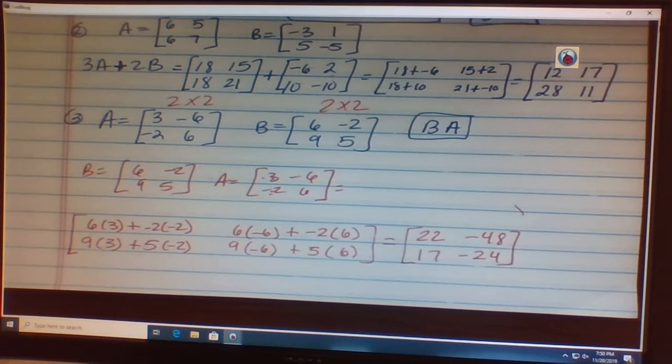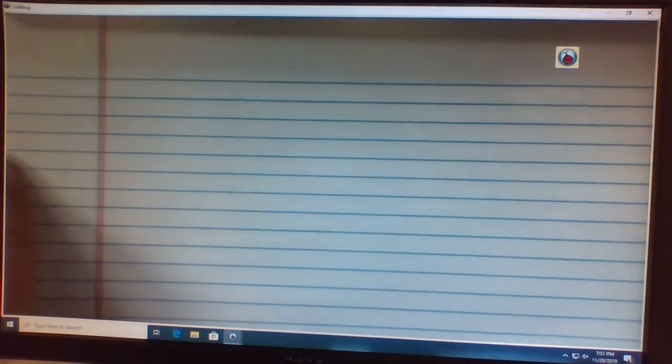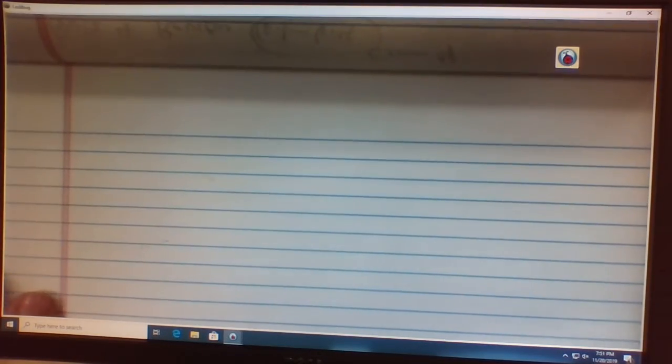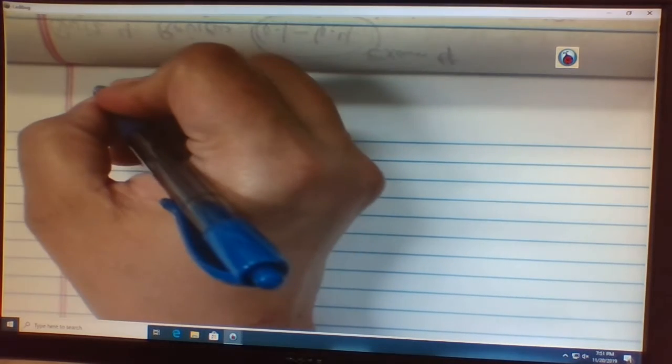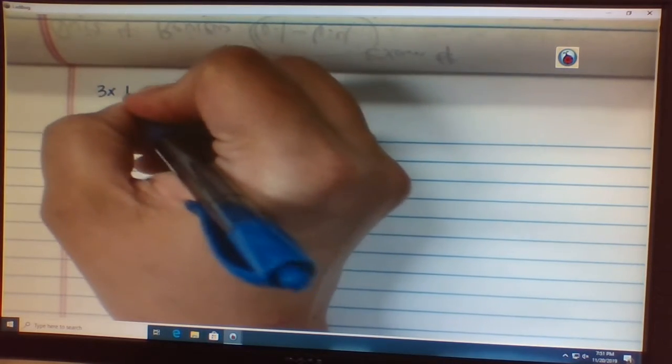So the next thing that we're going to do on problem 4 and 5 is Gaussian elimination. Okay? So on your test, you have one with a solution, one with no solution, one with infinitely many solutions. So how are you going to do each one?